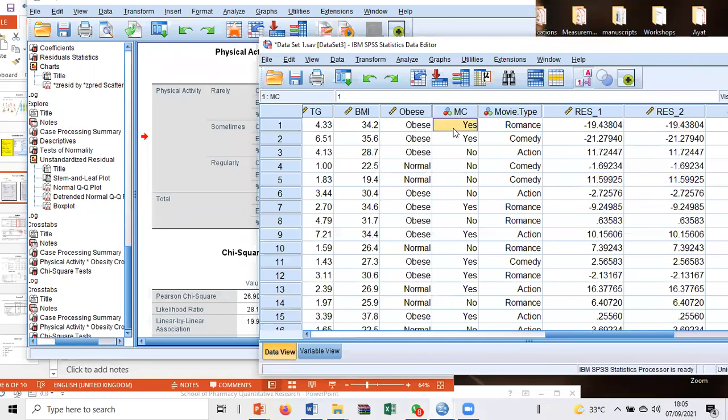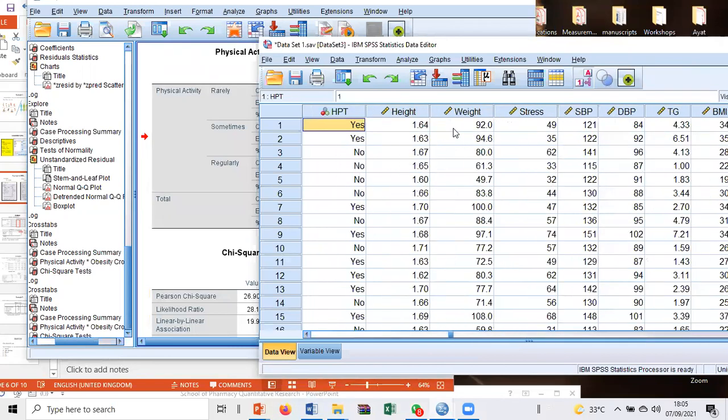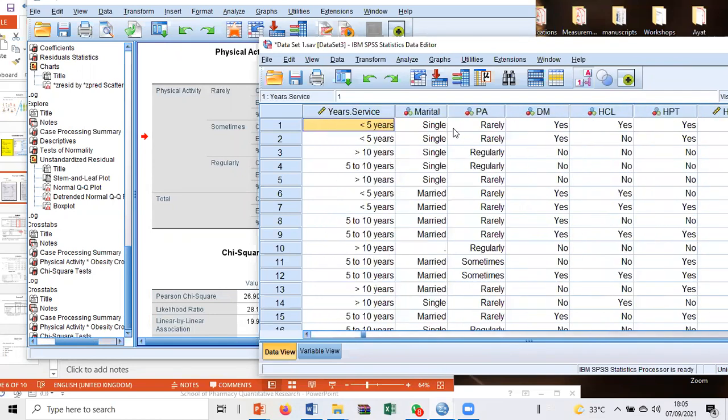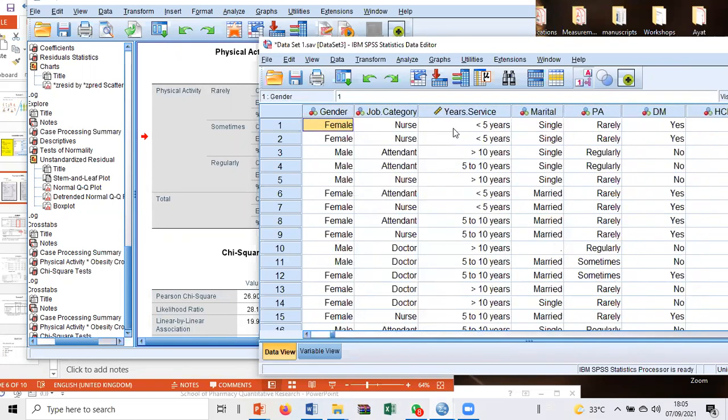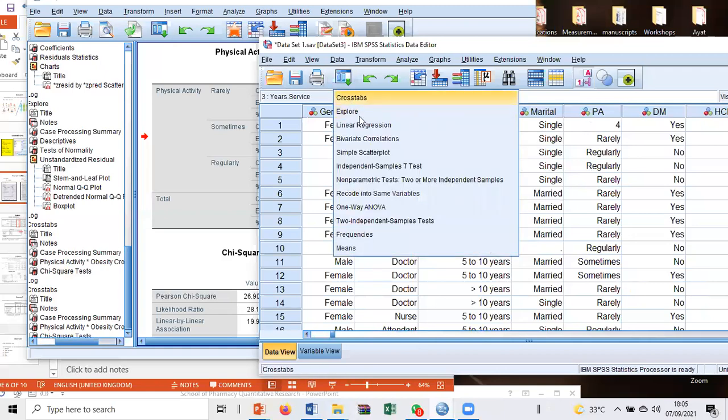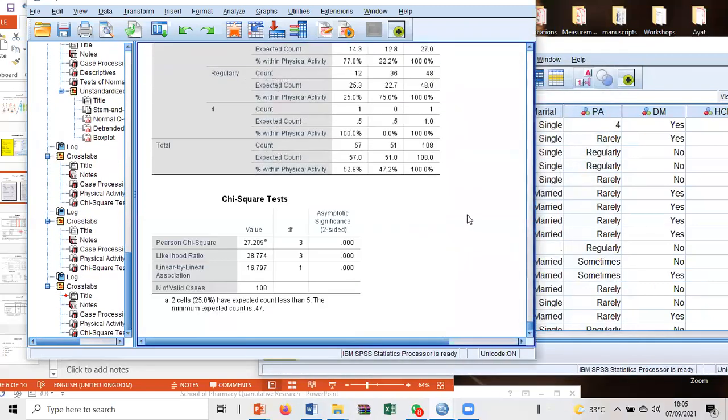Supposing I create one more group, just to show what is meant by minimum expected count. So this level 4, for some reason, a different level. If I do the analysis now, what's the minimum expected count? Is it less than 1? Yes. That means even though significant, the results are not valid.